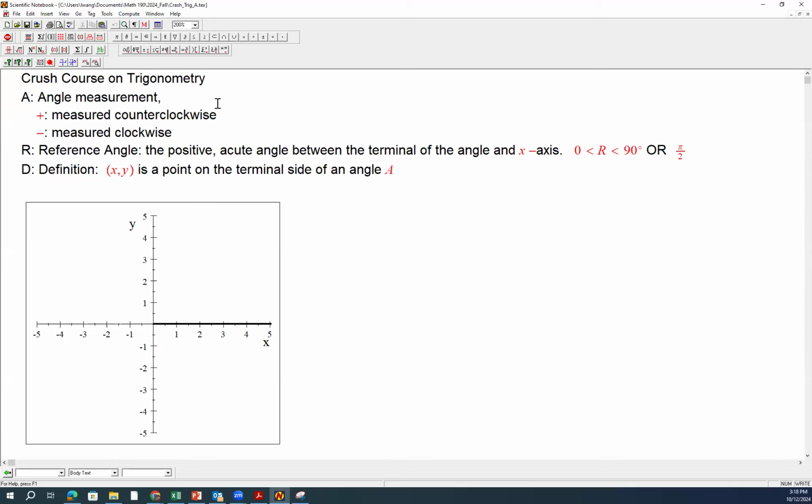So once this assumption is made, we're going to define another critical number. We say let r equal the square root of x squared plus y squared.